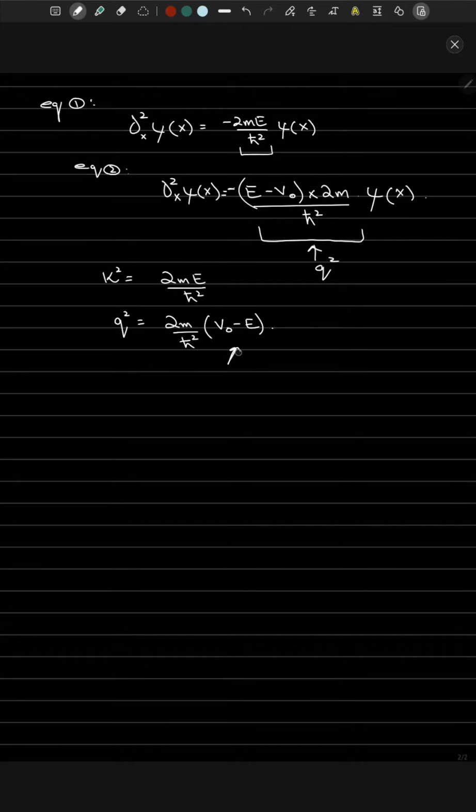Right. So now the next step is just to substitute these values for k square and q square in these new forms of equation 1 and equation 2. So equation 1 again becomes partial squared x psi of x is equal to minus k squared times psi of x, and the other differential equation becomes partial x squared psi of x is equal to q squared psi of x.